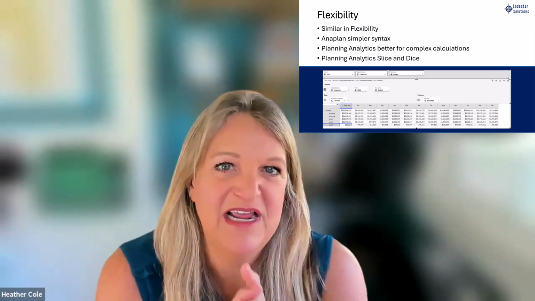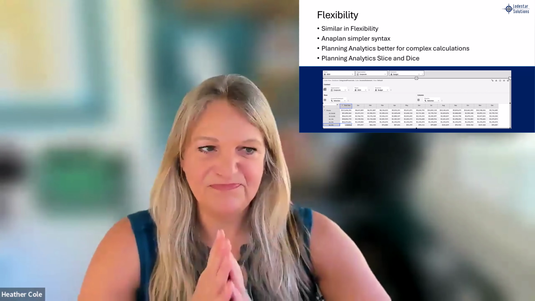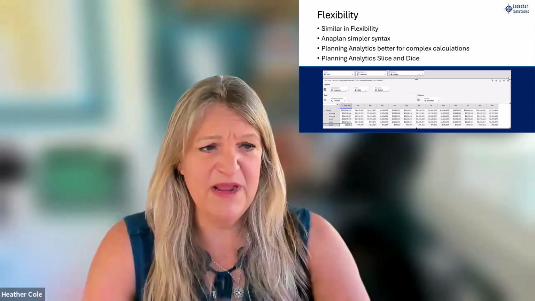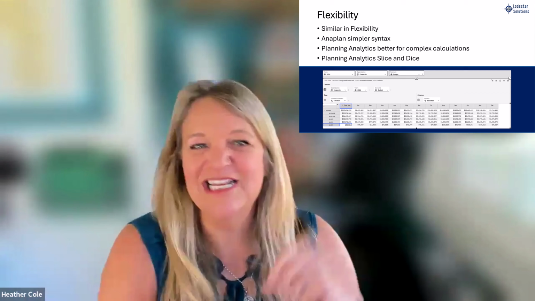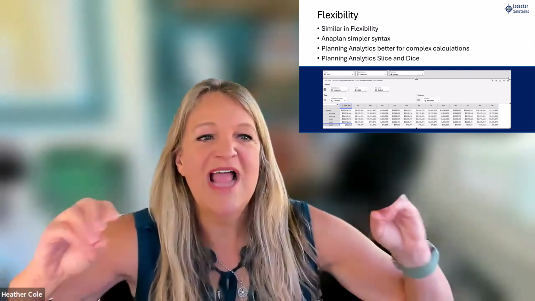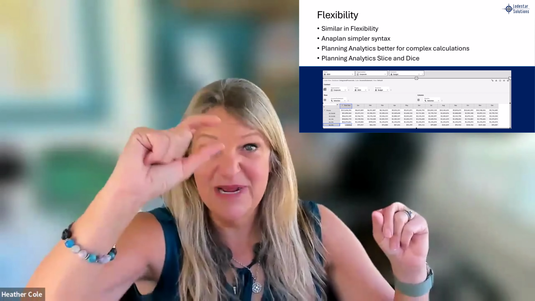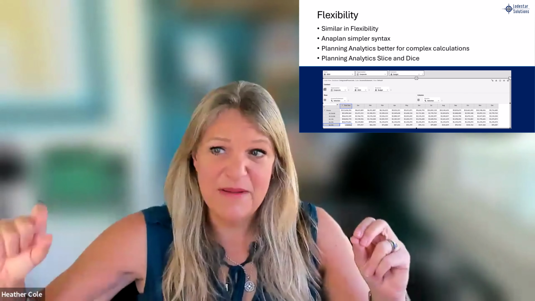The other difference we see, and I think this is something that I love about planning analytics, and this actually came from the older Cognos days as well, but it's my understanding that Anaplan does not do this as well, is what we call the slice and dice. So literally, if you can see this image I have here, what I can do with planning analytics is I can grab the scenario dimension of budget and actual, and I can slide it right next to my months.